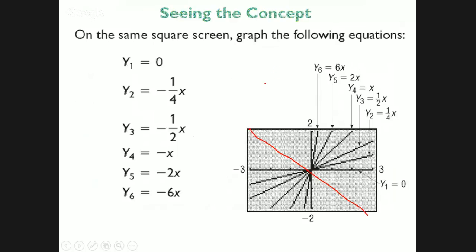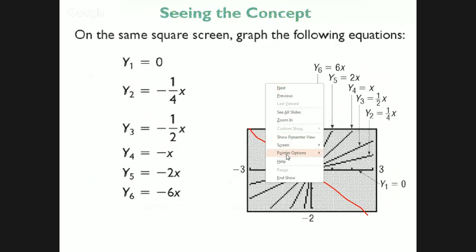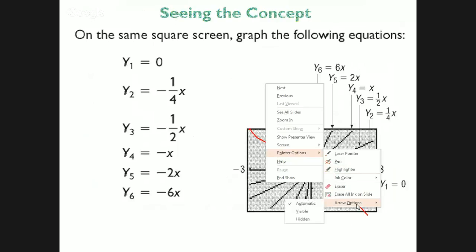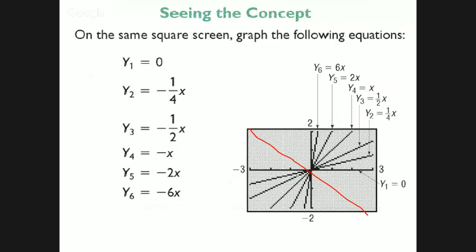Let's see if we can get a pen color change. Which one of those lines could the green line be? 5 or 6, yeah, because it's going downhill and it's going downhill fast.